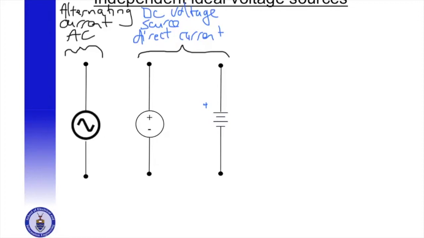And just like for the ideal independent current source, it produces that voltage across its terminal irrespective of what is connected to it and for how long it's connected. So if we plot it against time, the ideal independent voltage source will produce the same voltage irrespective of how much time passes.